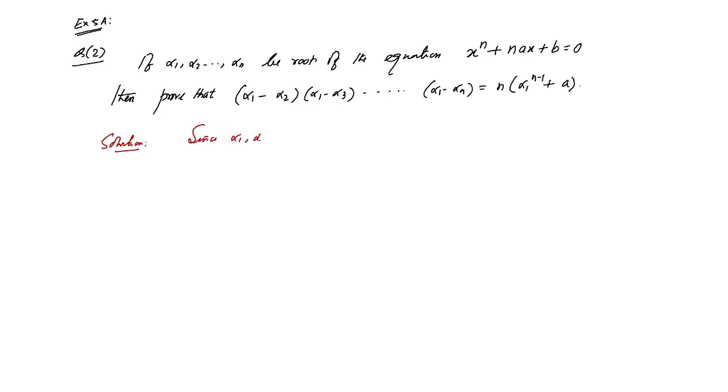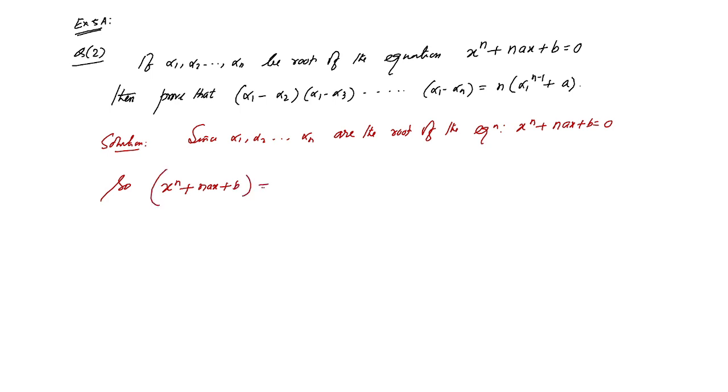Since alpha 1, alpha 2, ..., alpha n are the roots of the equation x to the power n plus nax plus b equals 0, we can write x to the power n plus nax plus b equals (x minus alpha 1)(x minus alpha 2)...(x minus alpha n). So obviously this is an identity in x.